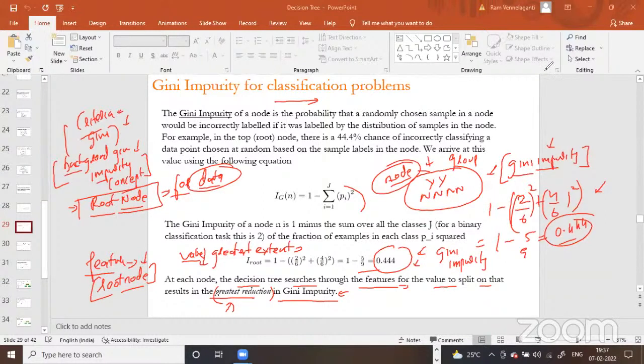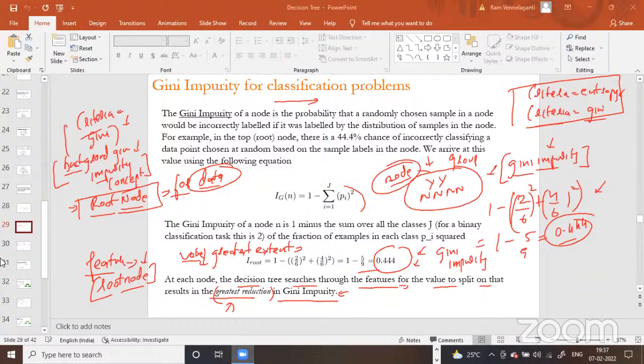So if you want to apply your C 5.0, you can say criteria is equal to entropy. If you want to use your CART algorithm, you can say criteria is equal to gini. So very simple, very straightforward applications are.